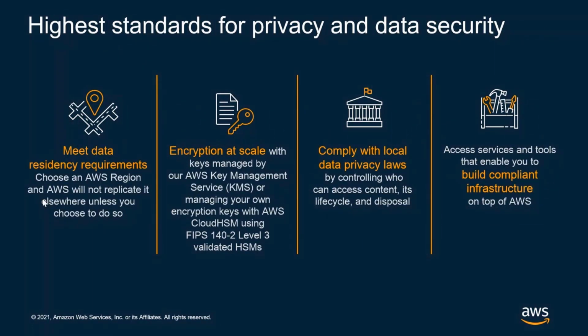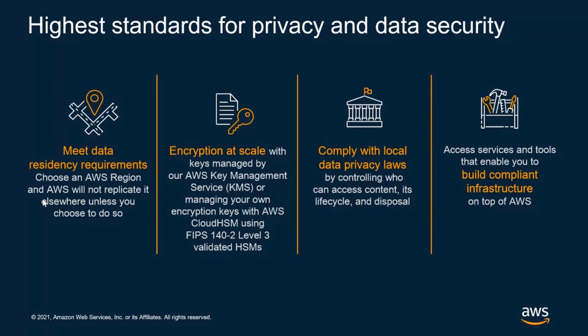Within those highest standards for privacy and data security, you choose an AWS region, and AWS will not move or replicate that data out of that region unless you choose to do so. Encryption is foundational. So we have encryption at scale, either with AWS Key Management Service, or you can bring your own encryption keys using CloudHSM.